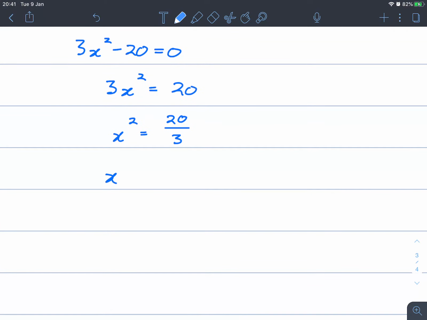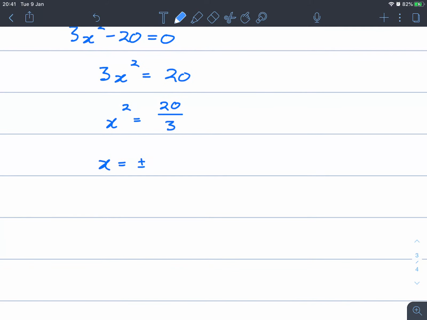Taking the square root of both sides, we take plus and minus square root of 20, which is 2 root 5, over square root of 3.